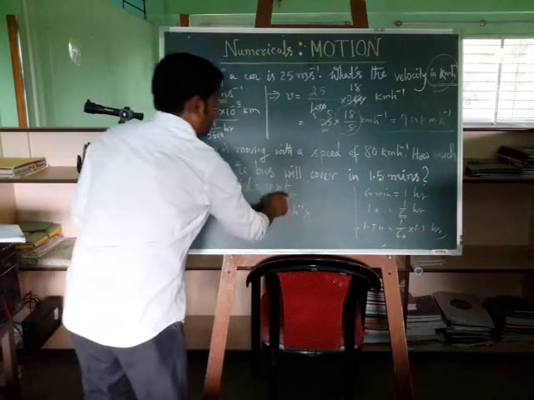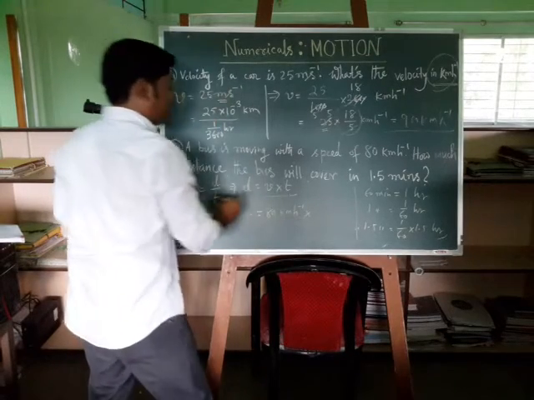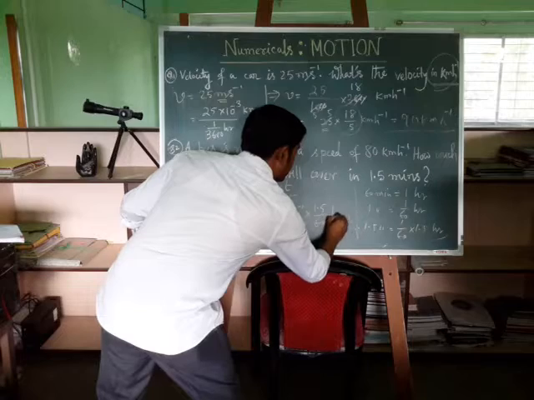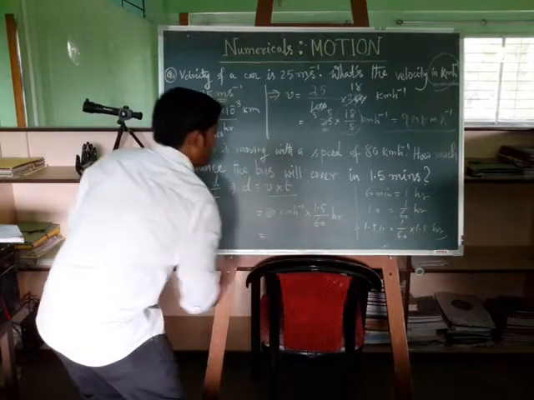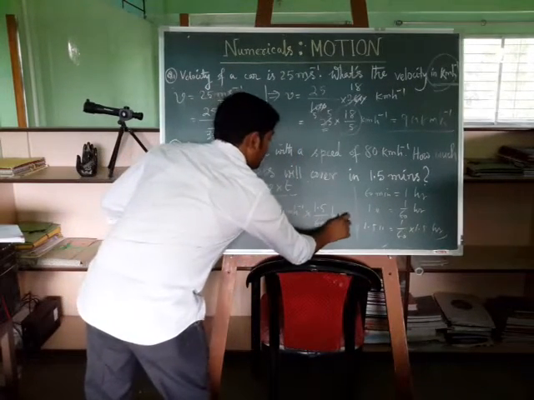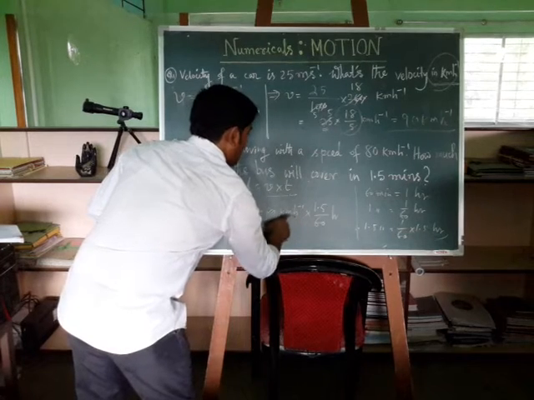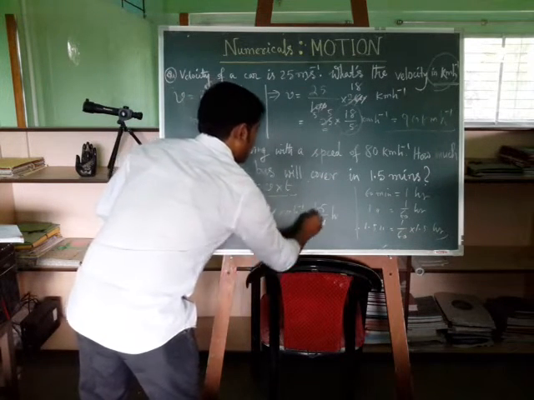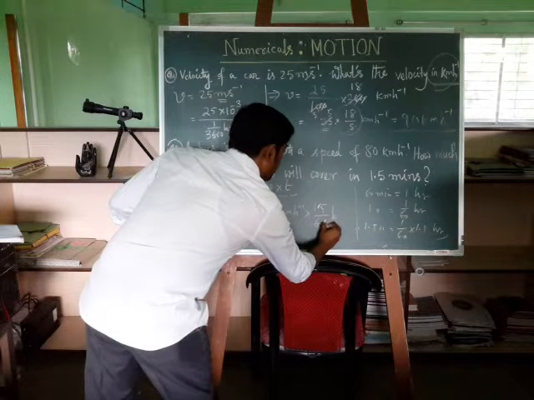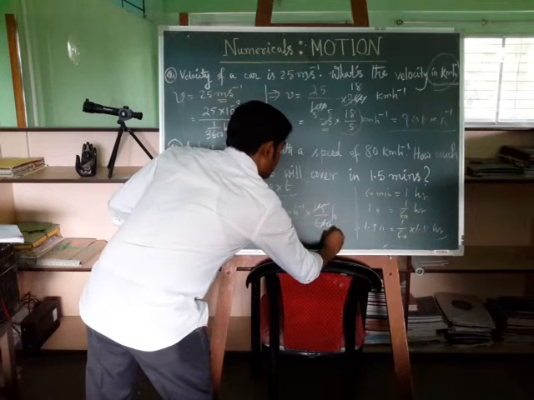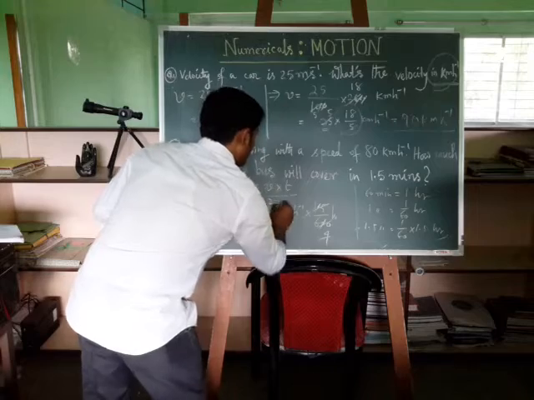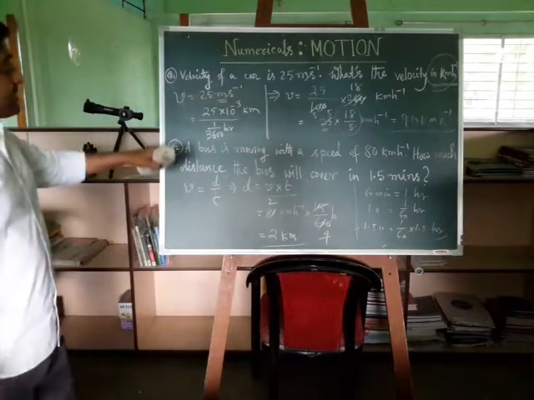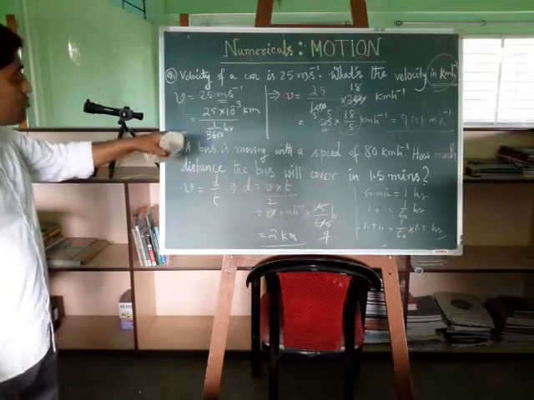Very simple. So 1.5 minute means 1.5 divided by 60 hour. Okay. So we are writing it like this. So this 80. Now you solve it. This will be 1 0 here. This will be 4, and this will be 2. So 2 kilometers. So the distance covered by the bus will be 2 kilometers.